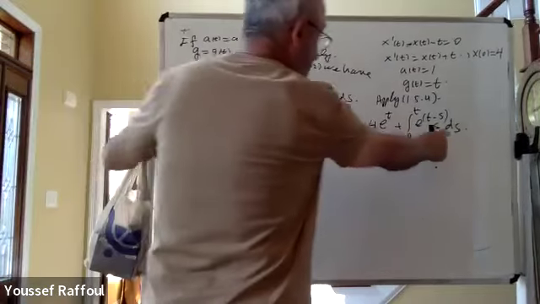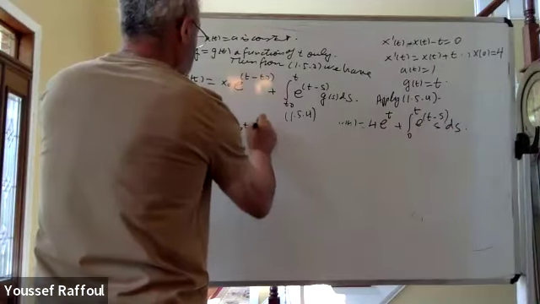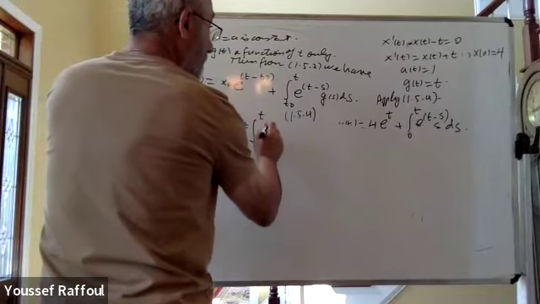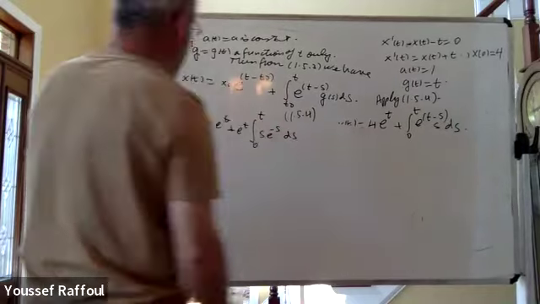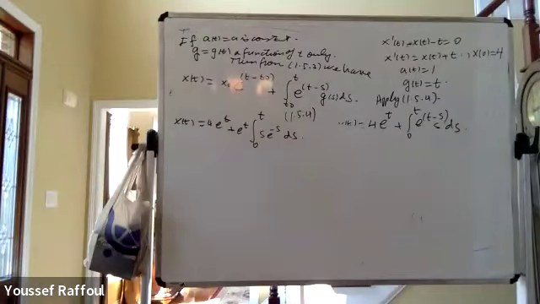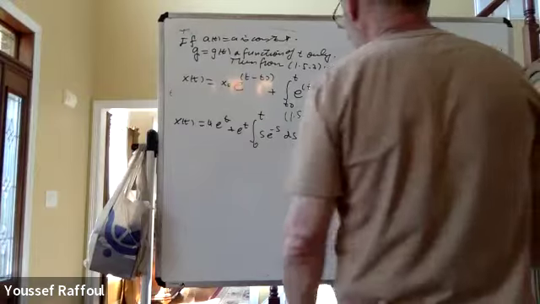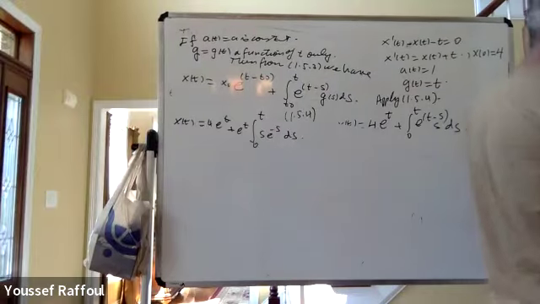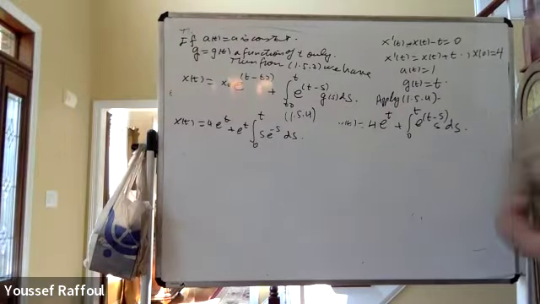Now the integration is done with respect to s, so I can take e to the t out, and then the integral from 0 to t of s e to the minus s ds. Now I need to integrate s e to the minus s. Go ahead, integration by parts. Just take a few minutes and you do it. You need to refresh your memories a little bit.